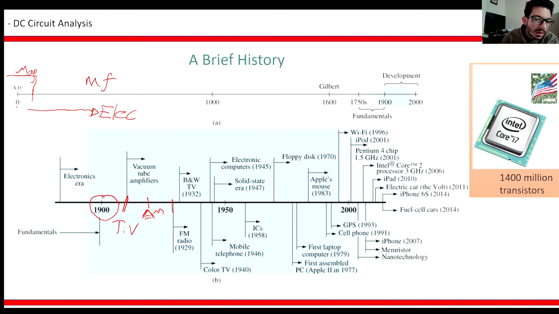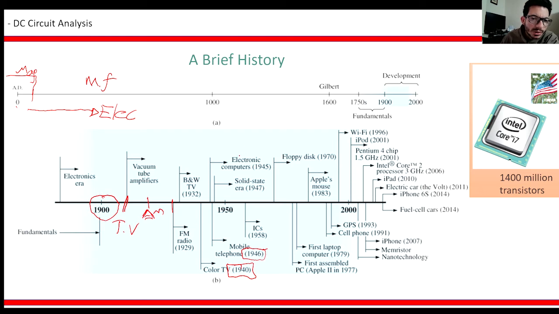Then we have broadcast of television. We have color TV in the 1940s, but this is really Europe. We have the first mobile phone in 1946, and this was because of all the research done through the war. A lot of these things were because of the World War.